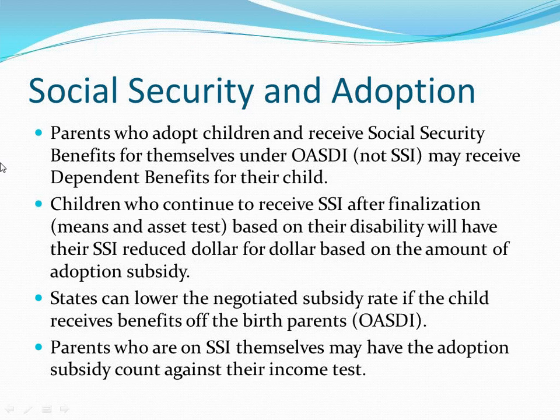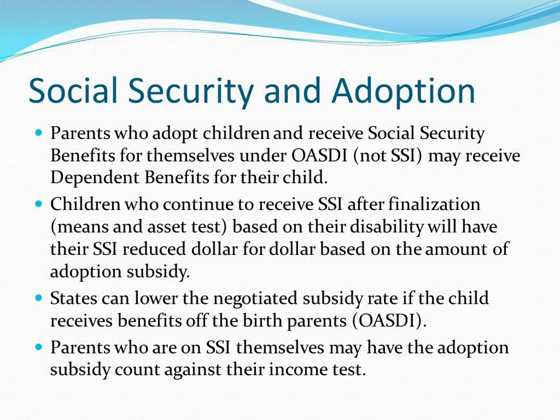Number three, states. Sometimes children come into the foster care system because something bad happens to the birth parent. Birth parent might become disabled and can't care for the child. Birth parent may have died. In that case, the child might receive benefits off the birth parent's record if they had contributed enough into the system.